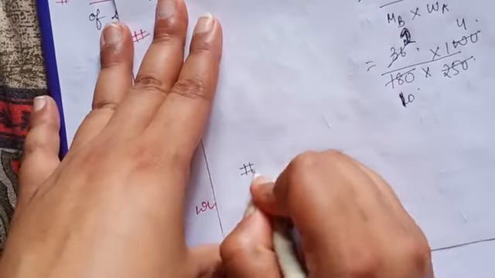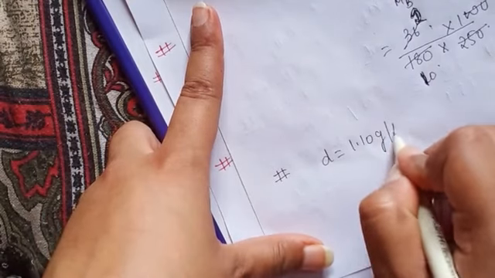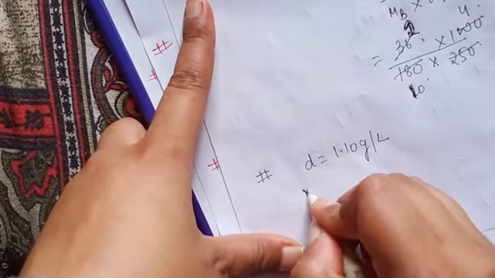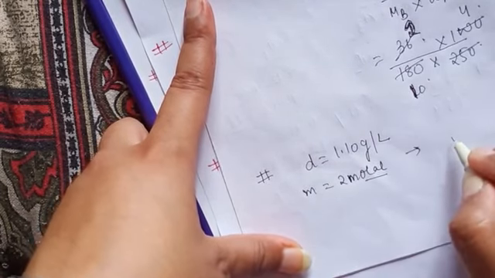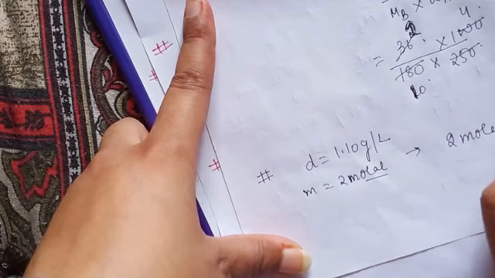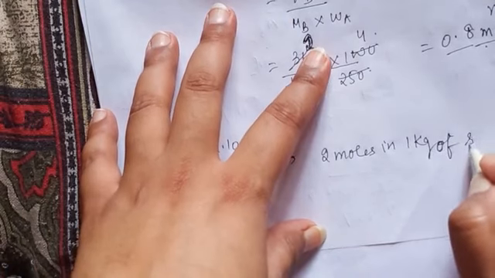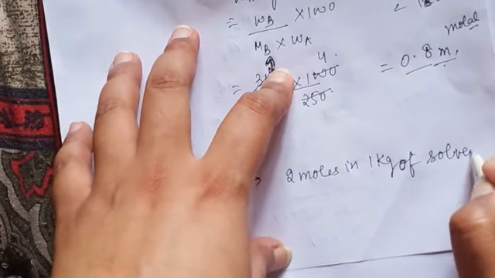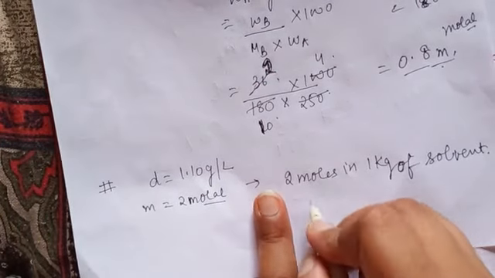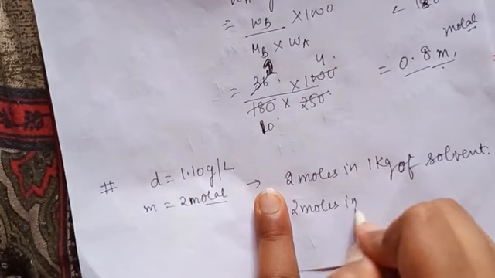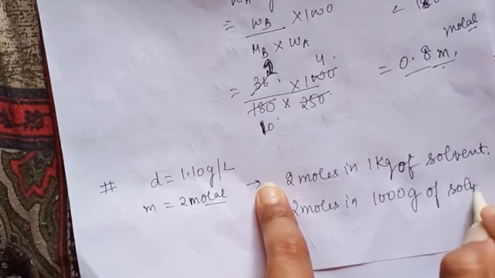Now listen to it carefully. Density is given, that is 1.10 gram per liter, and we are given molality, that is 2 molal. 2 molal means 2 moles in 1 kg of solvent, or you can say 2 moles in 1000 gram of solvent.